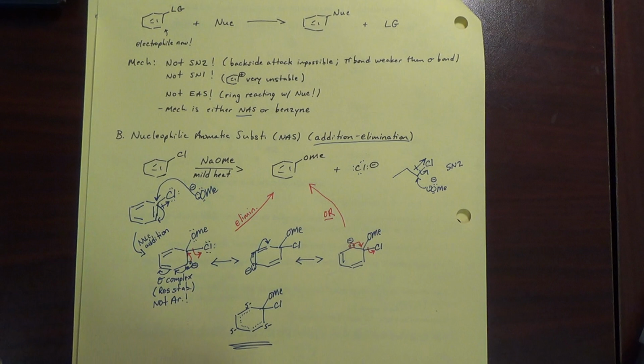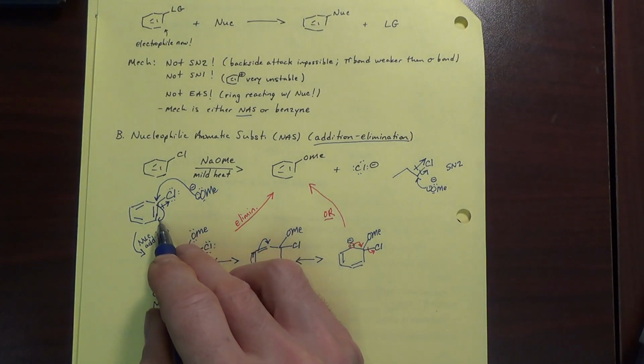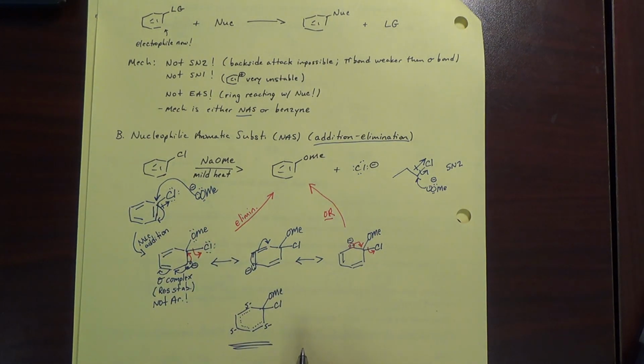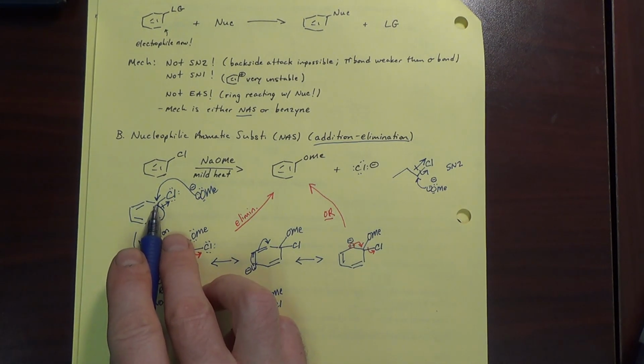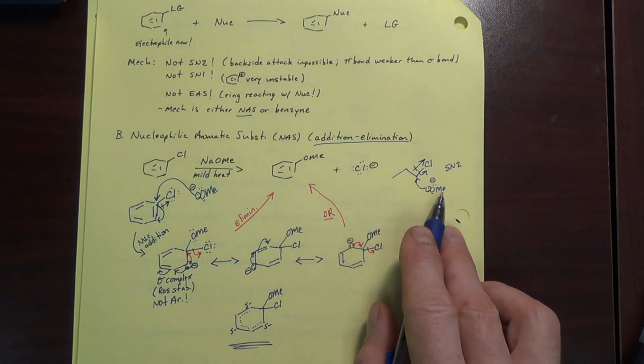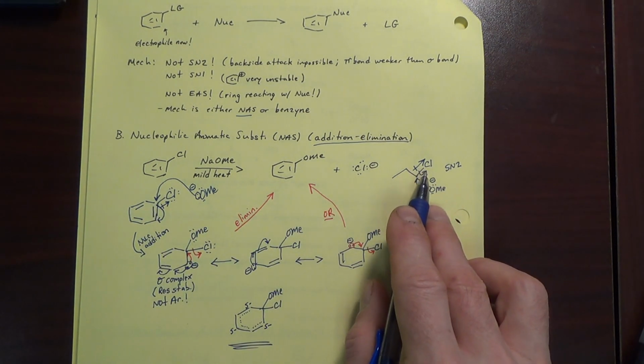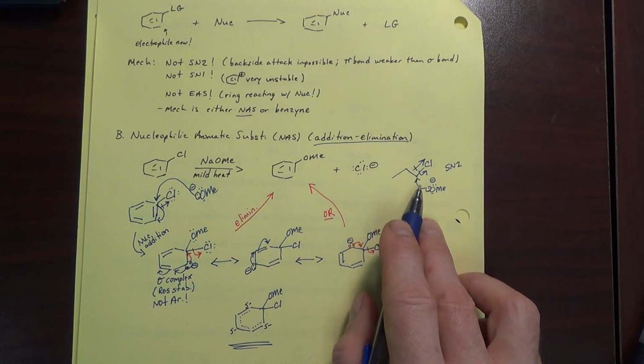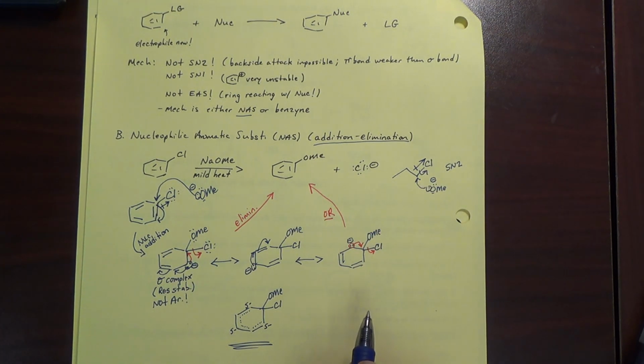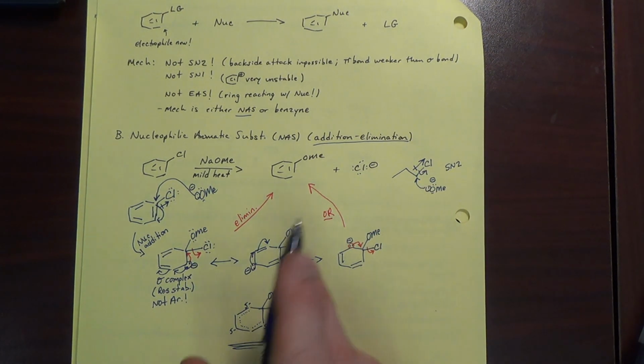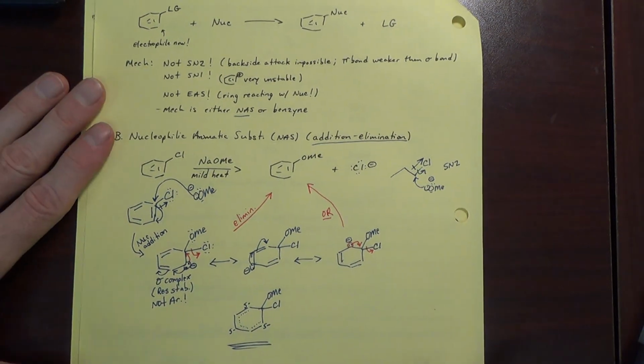We break the weaker pi bond here, again because it's an sp2 carbon. If it was sp3, we would come in here and we would break the stronger sigma bond at the same time. So it's an addition-elimination substitution mechanism.